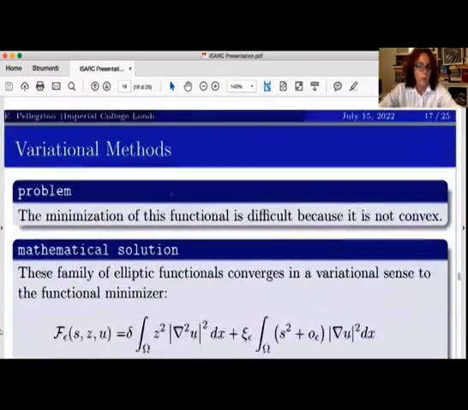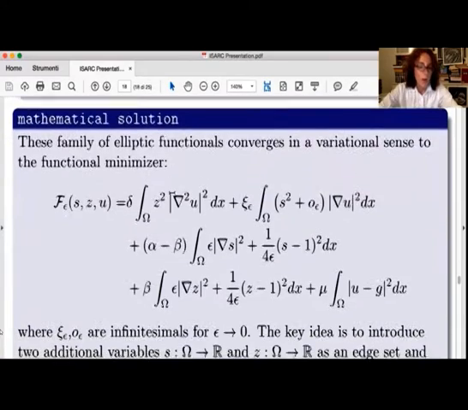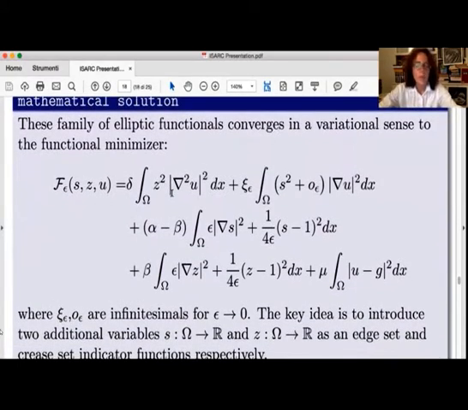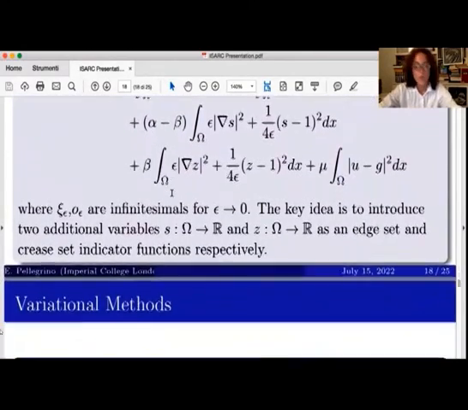We have to come up with a different technique, and we have to use, in order to solve this functional, we have to introduce a different kind of approximation, this gamma convergence, and thanks to that we are able to provide a solution.